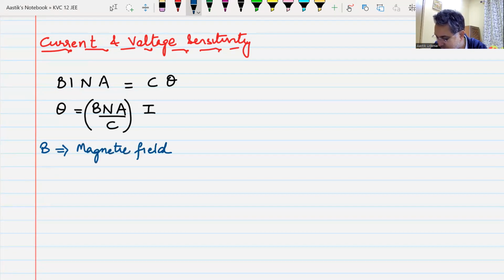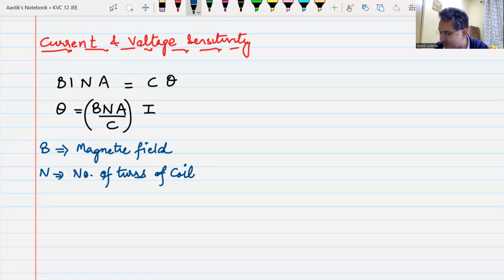Inside this galvanometer is a magnet which creates this magnetic field. N, it has a coil. This N is the number of turns of the coil of the galvanometer. A is the area of these coils.